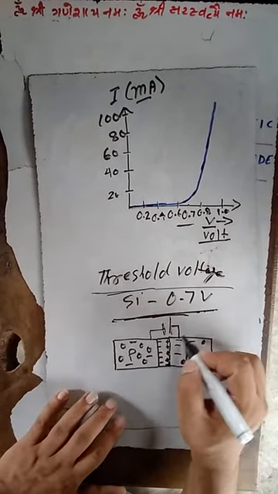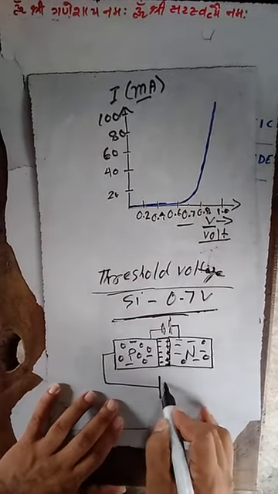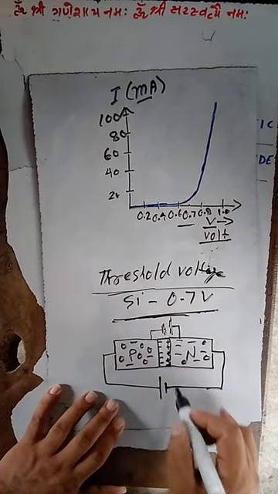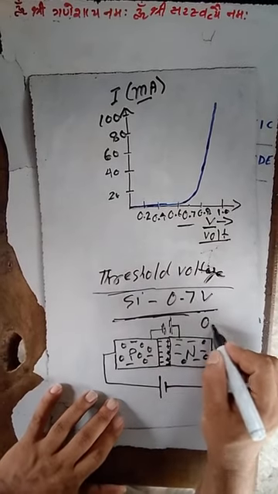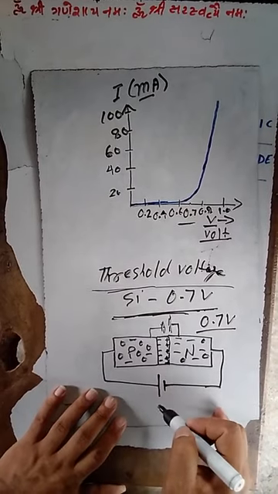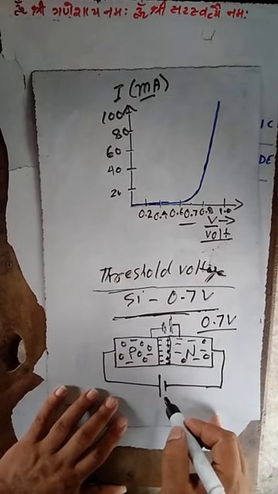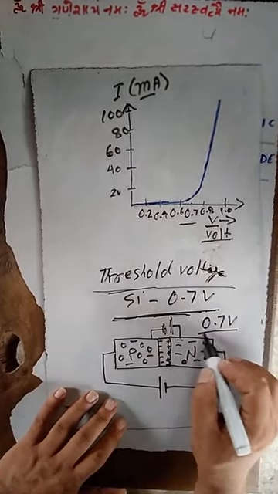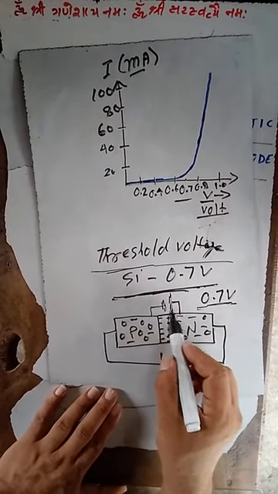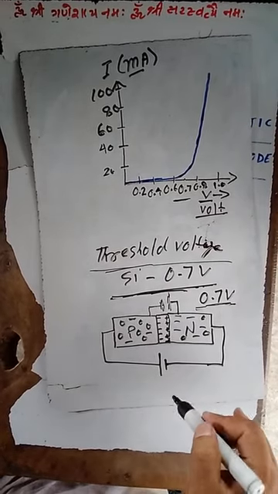So when we connect it in forward bias, this biasing is opposed by this, and for silicon this is 0.7 volt, so its polarity is just opposite. When we connect the battery, we will not get any current unless we cross this 0.7 volt, because this fictitious battery works in the opposite direction with respect to the forward bias.